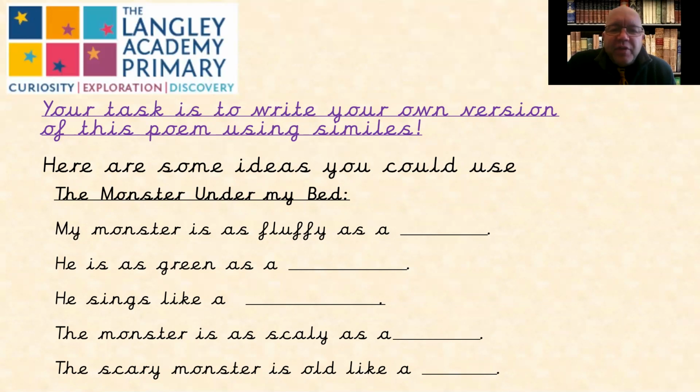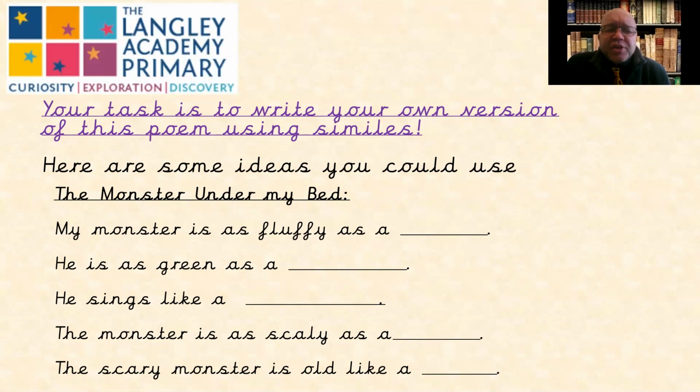Now, I've given you some starter sentences which you might choose to use, or you can just do your own thing. But what I want is a poem describing your monster. It must be full of similes. And I want you to describe different elements, different parts of your monster, just like I did in the previous poem.